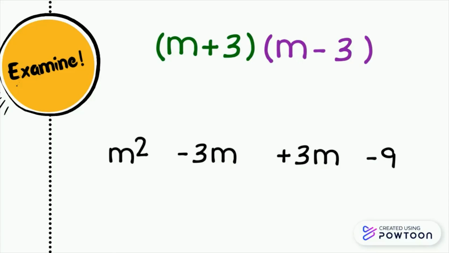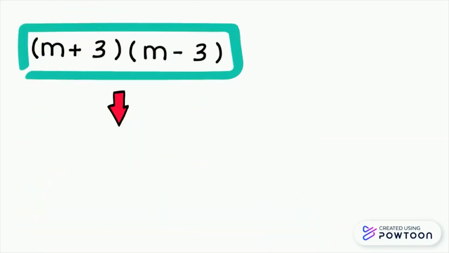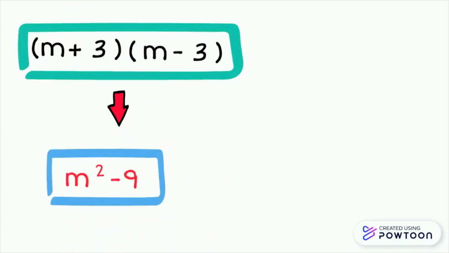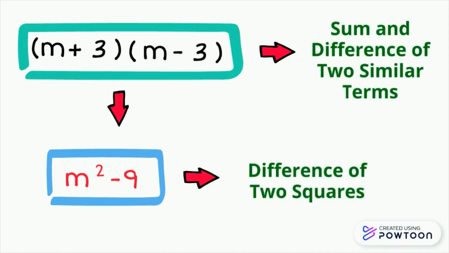Combining negative 3m plus positive 3m gives us 0. The result is m squared minus 9. Notice that the binomials are the sum and difference of two similar terms, and the product is the difference of two squares.